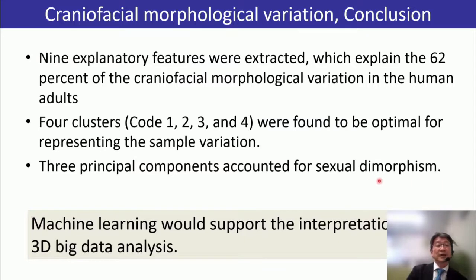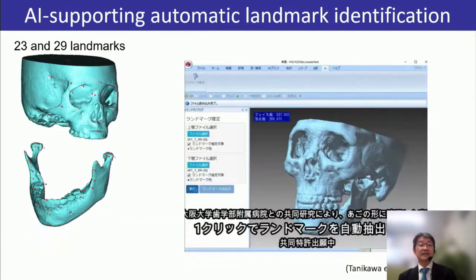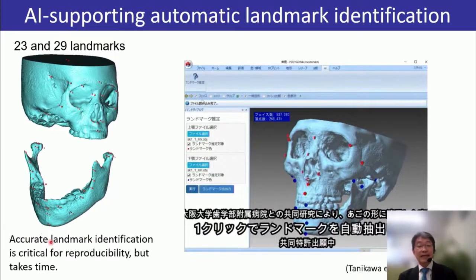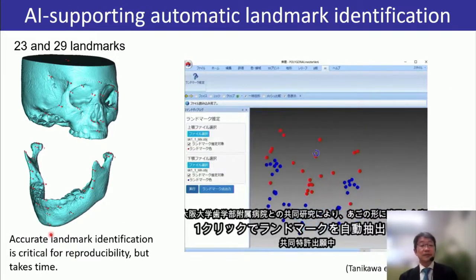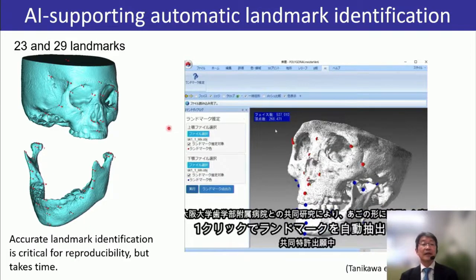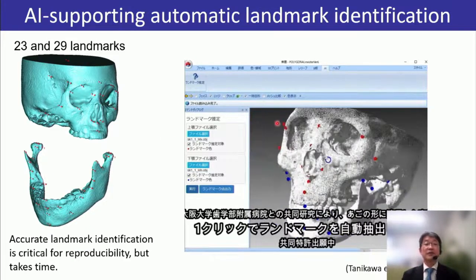We can also say that machine learning supports interpretation of 3-dimensional big data analysis. And this is another approach: we also developed AI supporting automatic landmark identification. We have already evaluated the reproducibility of this automatic identification, and I hope we can show it at the next meeting.